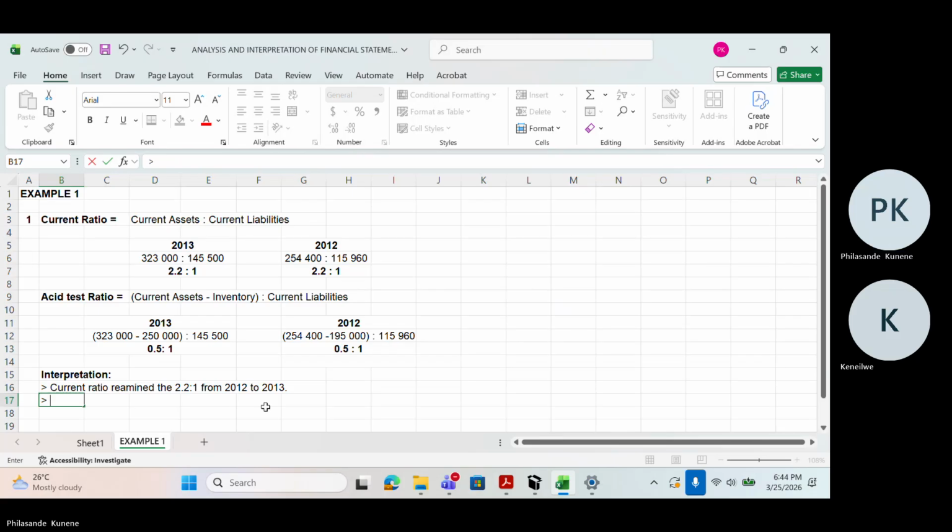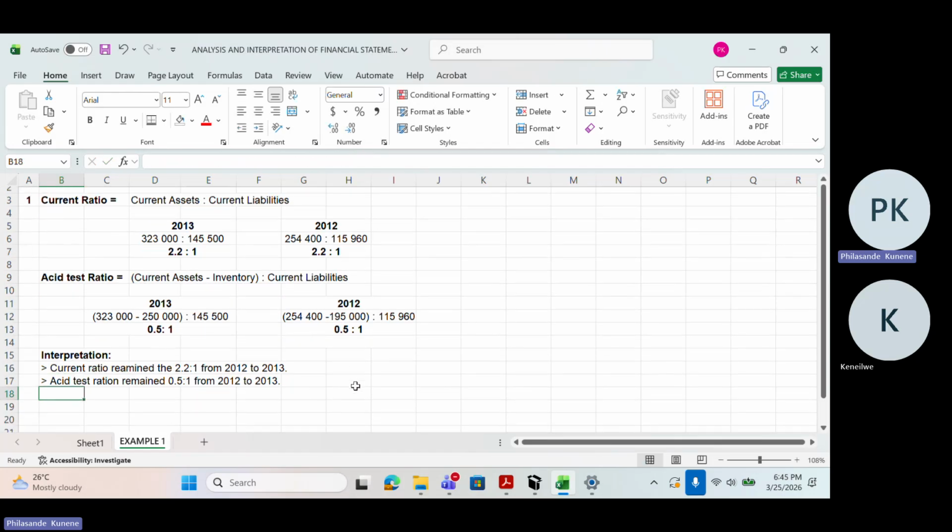Then what about the acid test ratio? The acid test ratio also remained 0.5:1 from 2012 to 2013.